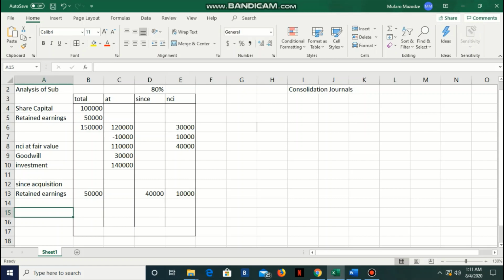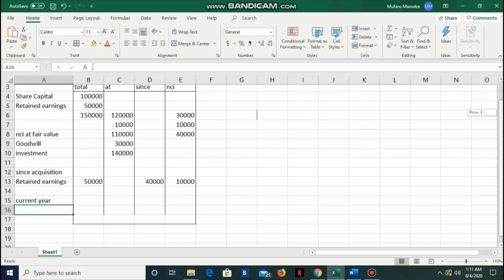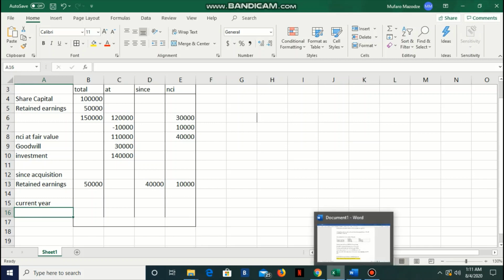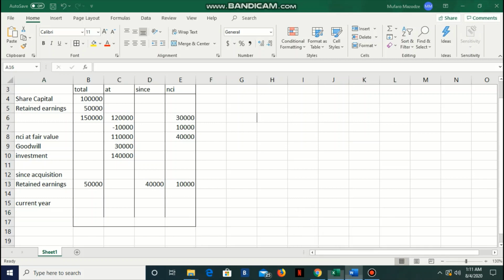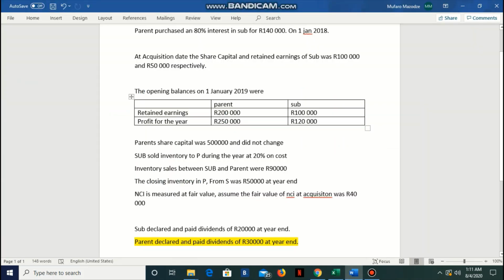Then you need to analyze what has happened in the current year. Now in the current year, P's profit for the year was 120,000 rand.